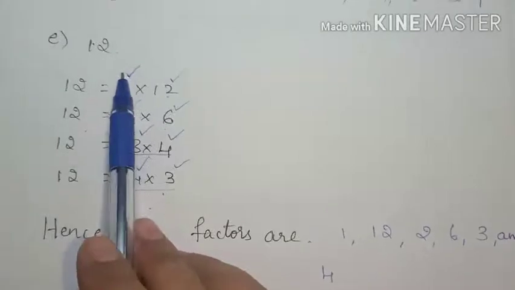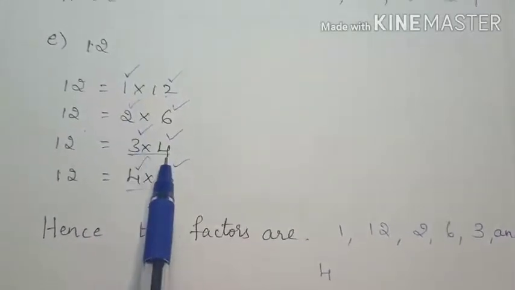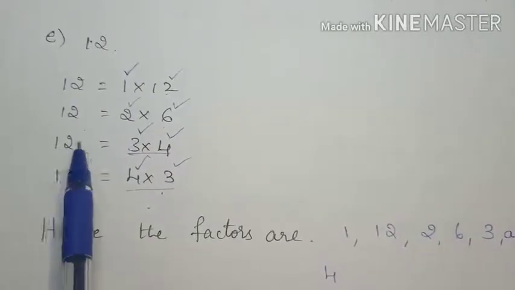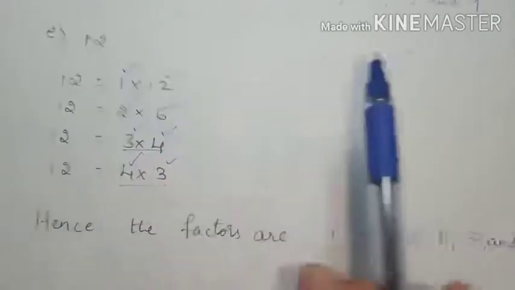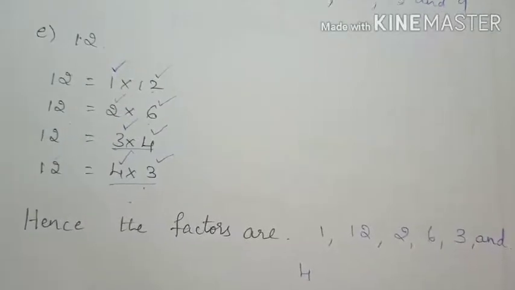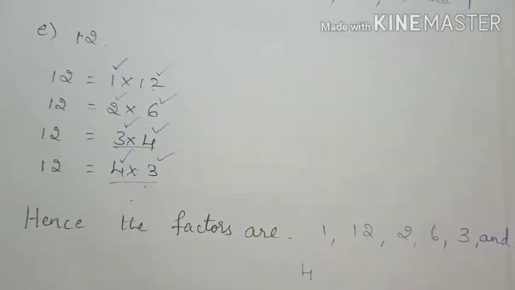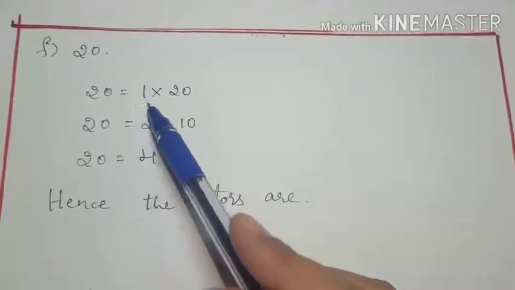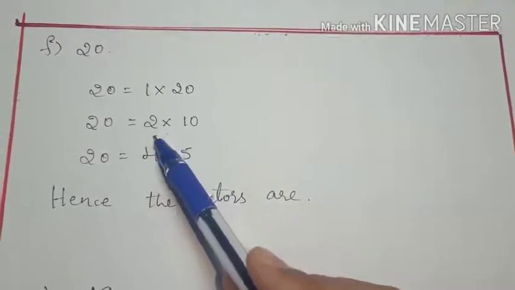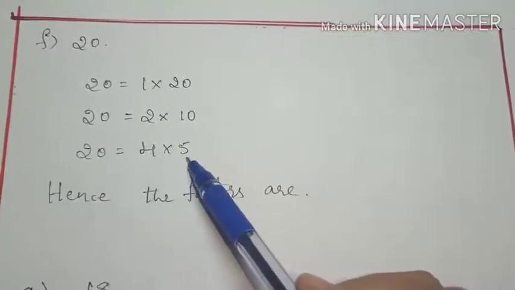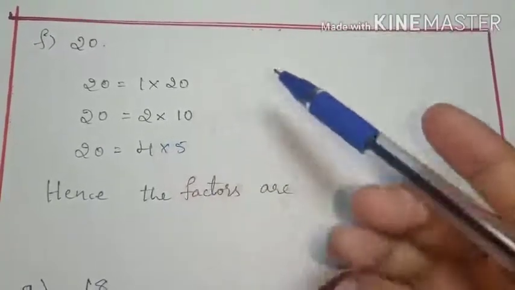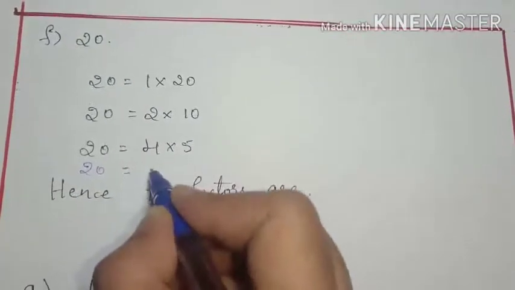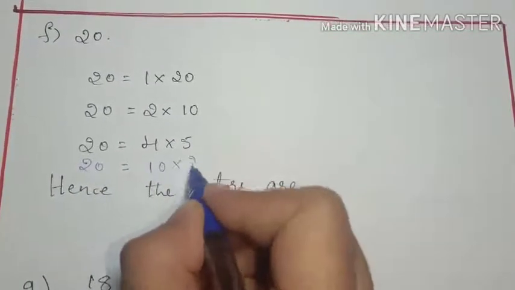So the multiplicand and multiplier both are the factors, and the answer you get, the product, is your multiple. Okay, let us see question F. 20. So 1 into 20 is 20, 2 10s are 20, 4 5s are 20, and also you can write 10 2s are 20.